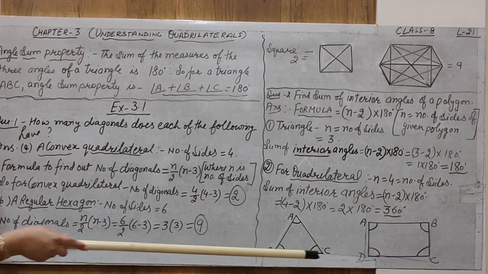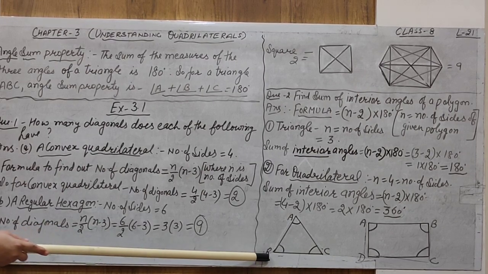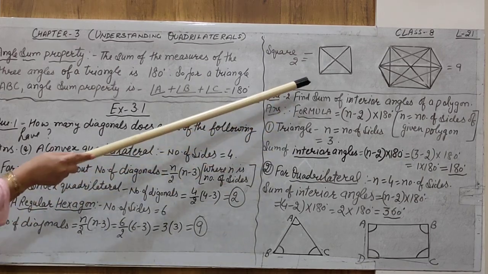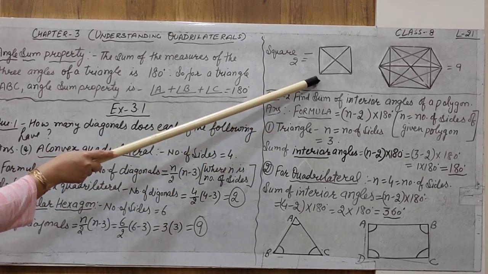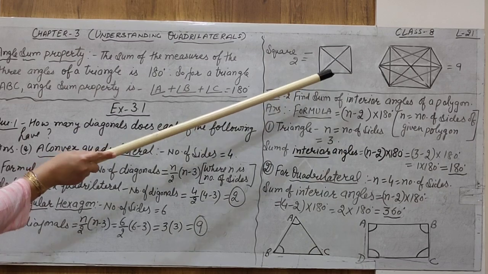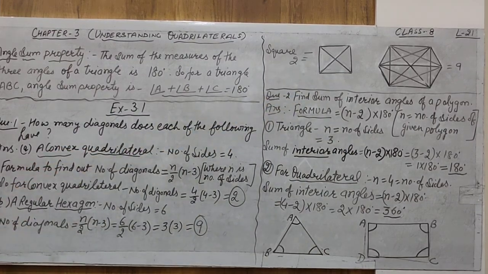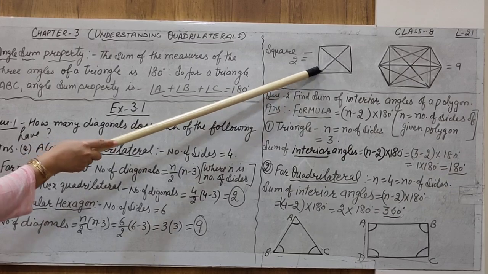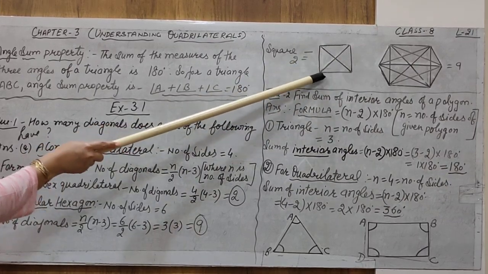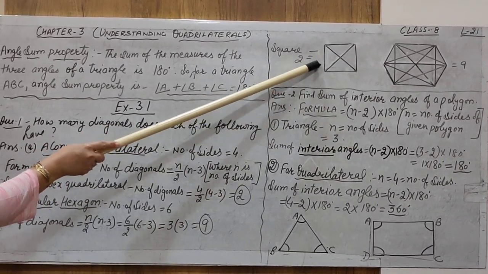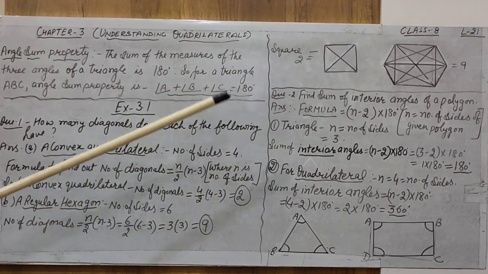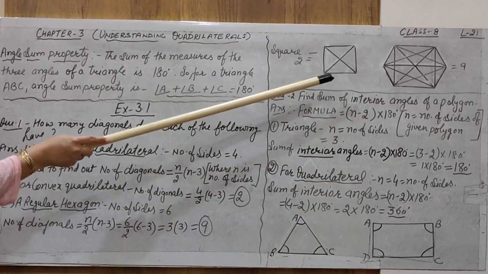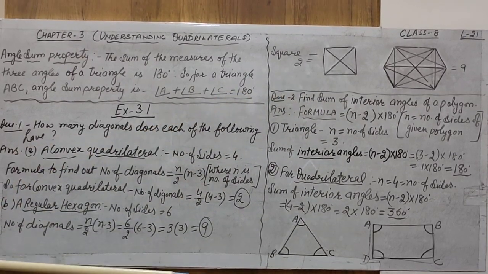Then we discussed convex and concave polygons. In a convex polygon, all the diagonals are inside the figure, and in a concave polygon, at least one diagonal must be outside the figure. In a square, for example, as I have shown here, all the diagonals are in the interior of the figure. Such a figure is a convex polygon.